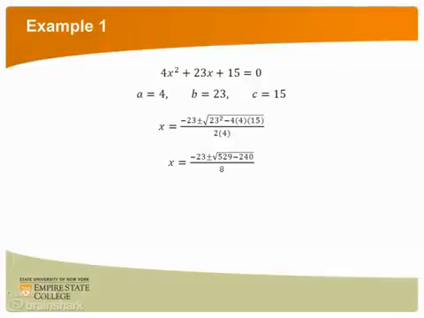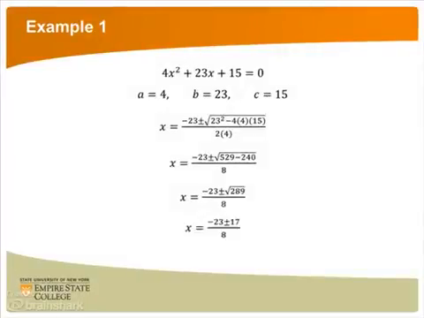We are left with negative 23 plus or minus the square root of 529 minus 240 all over 8. Combining under the radical, we have negative 23 plus or minus the square root of 289 divided by 8.